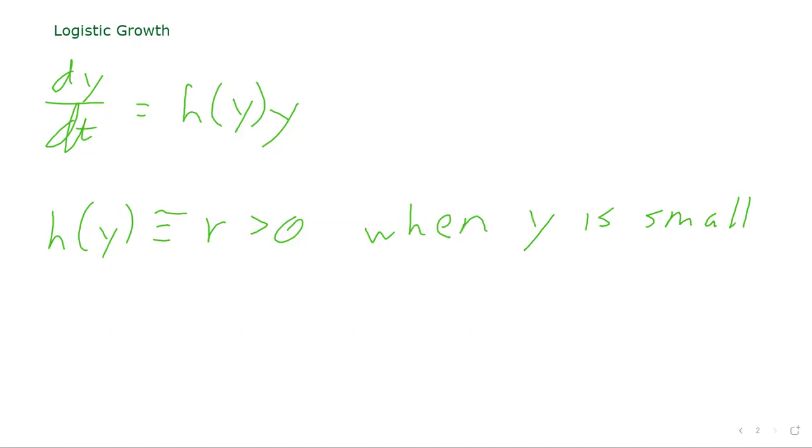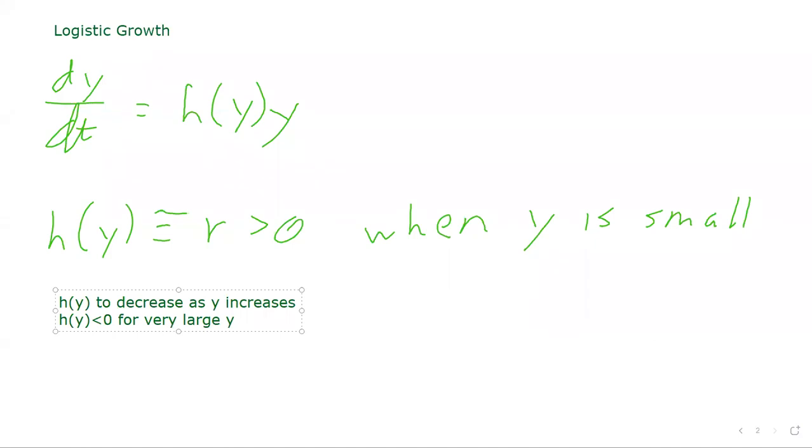So here, we also want our h of y to decrease as y increases, and h of y to be less than 0 for very large y.